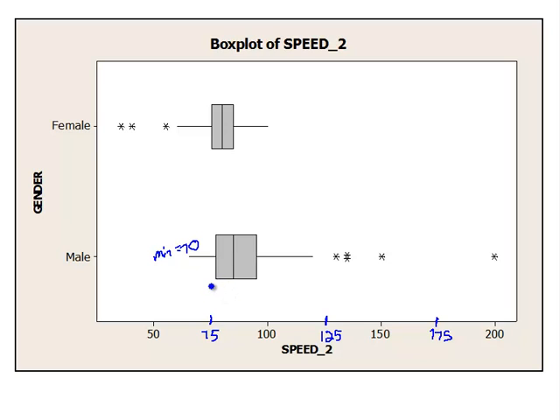We call this Q1, first quartile, and that looks about 80. This is the second quartile, the median, and the median looks like about 85. This is Q3, the third quartile. It looks like about 95.